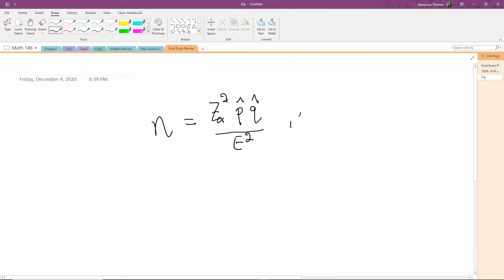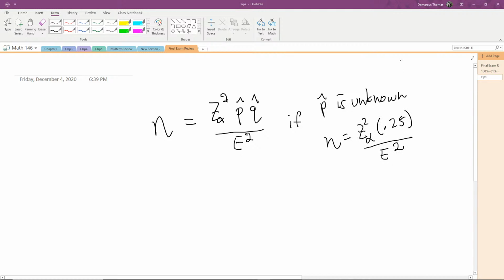And we know P hat is the proportion. Now, if P hat is unknown, then it's that.